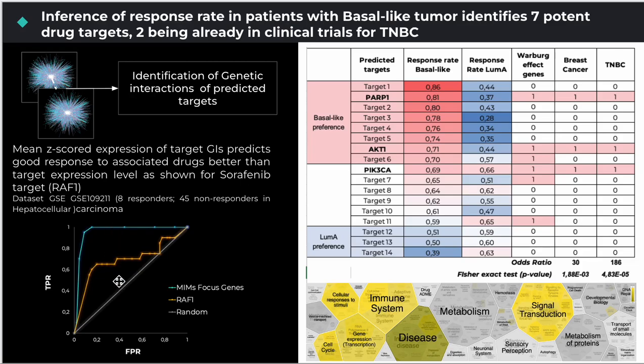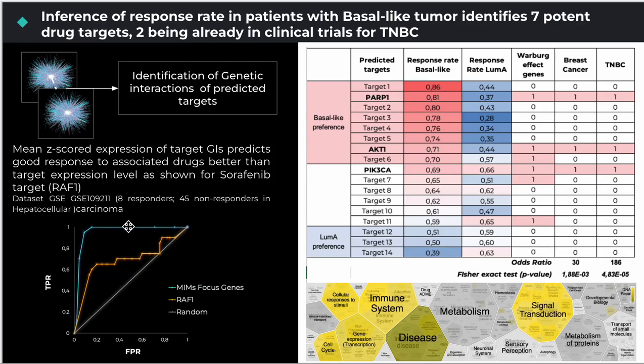And this is shown in this graph for sorafenib on a cohort of hepatocellular carcinoma patients, and we show in this ROC curve high prediction when using mean z-scored expression of genetic interactors, which we call in this case focus genes.